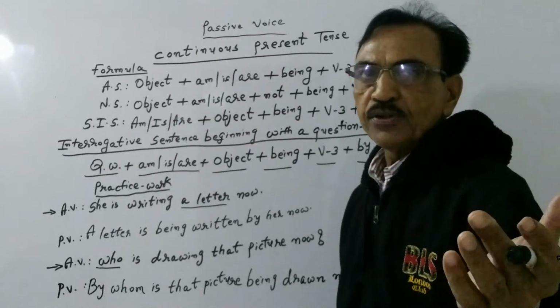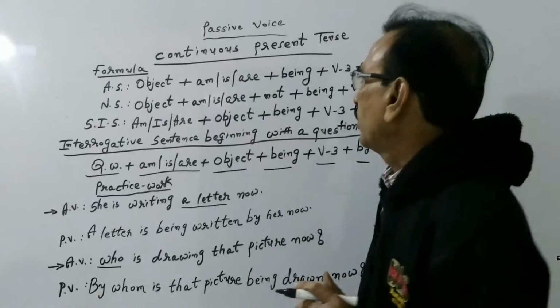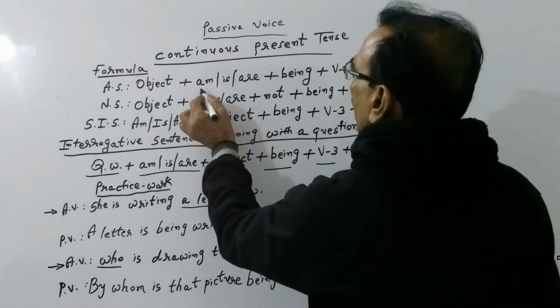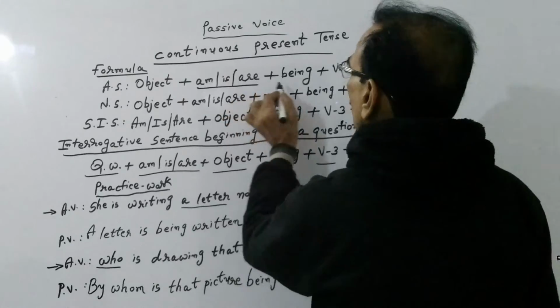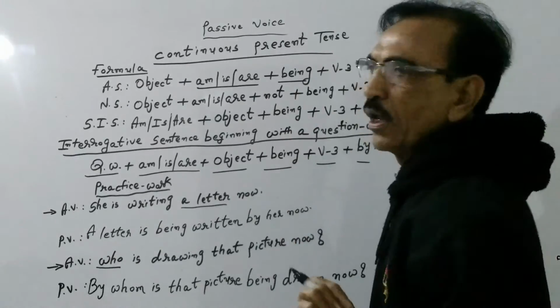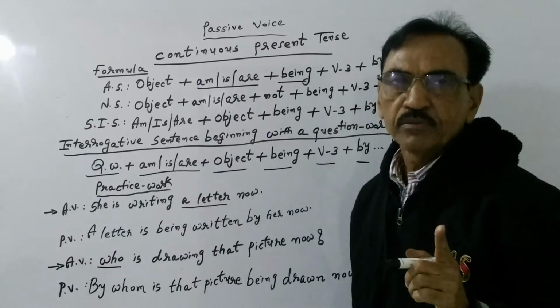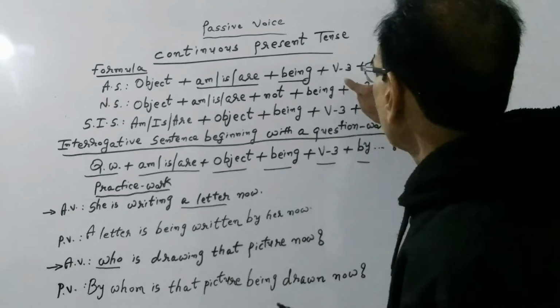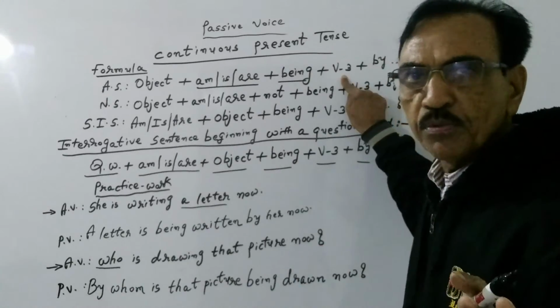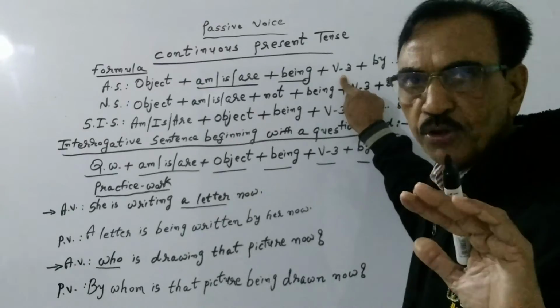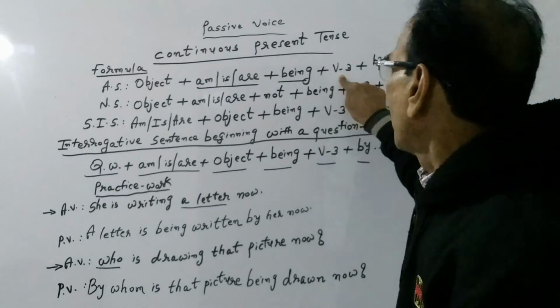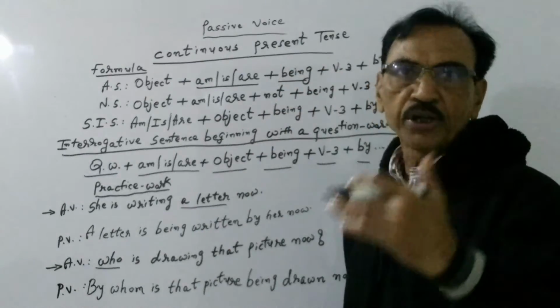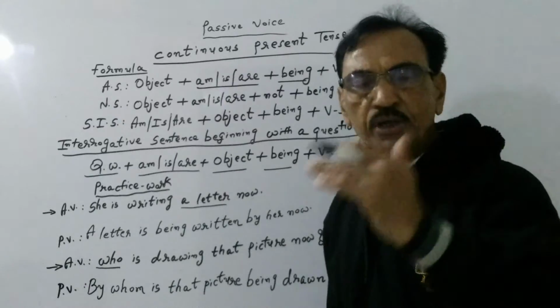Like simple present tense, this is also very easy. Simply we have to remember, in present continuous tense we use am, is, are plus being. V3 is used in all the tenses while changing the sentence from active to passive voice. I is changed into by me, we is changed into by us.